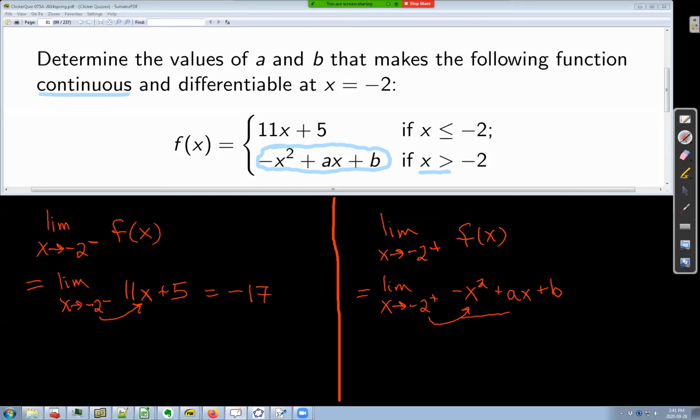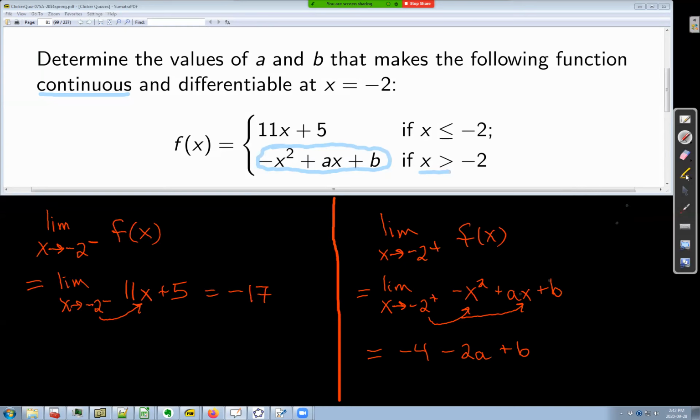Again, it's the x that's being set equal to -2, not the a or the b. The a or the b, I don't know yet. But if I set x equal to -2, then I get -4 minus 2a plus b.